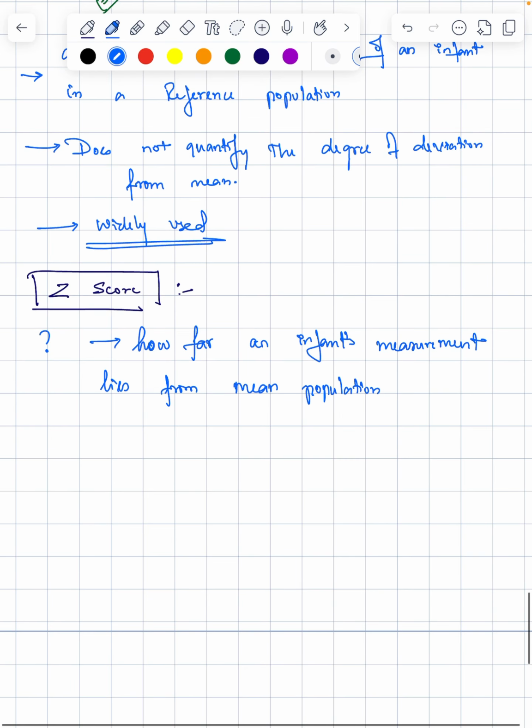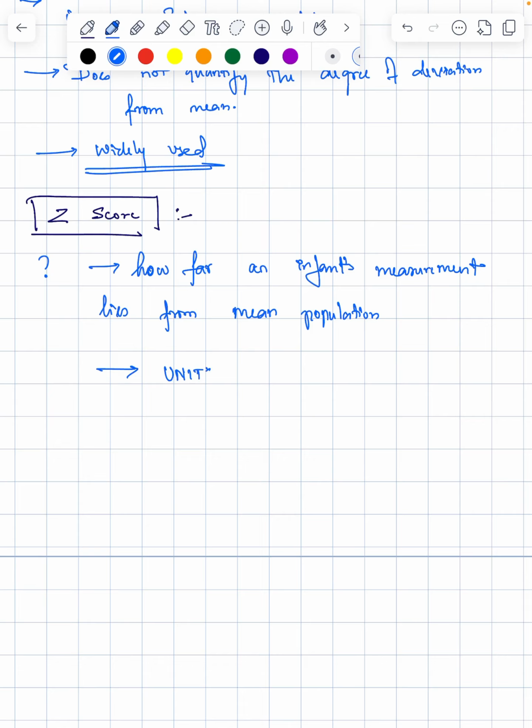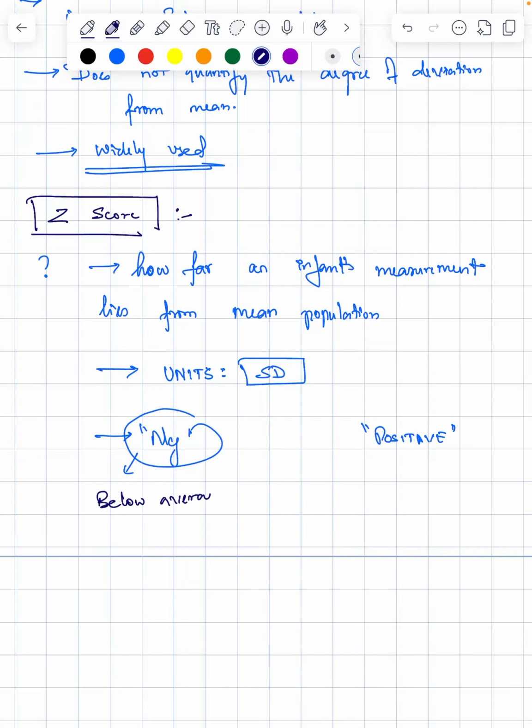In Z-score, the units are measured in standard deviation. You have negative Z-score and positive Z-score. Negative means the growth of the child is below average, while positive Z-score means the growth of the child is above average, right? A zero Z-score means the child is equal to the mean.